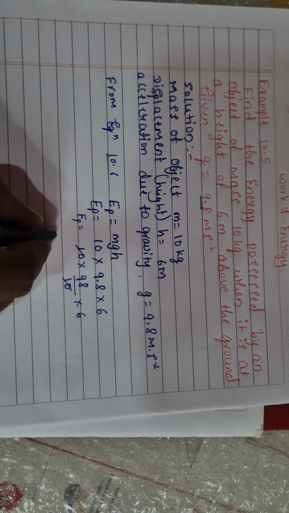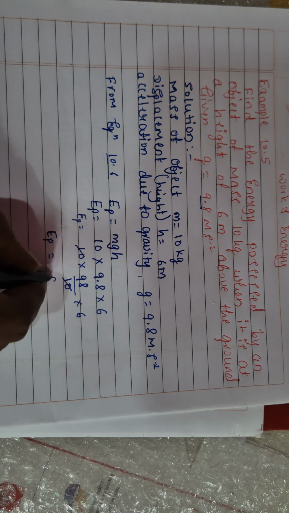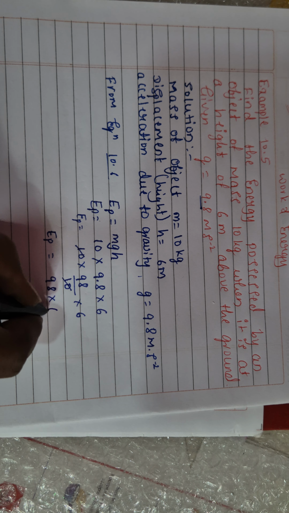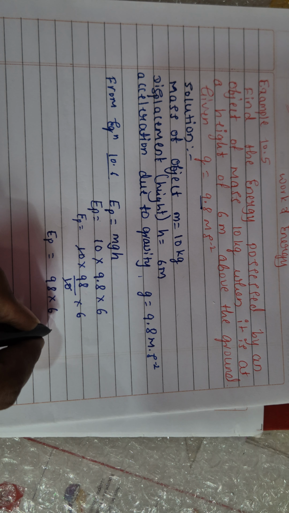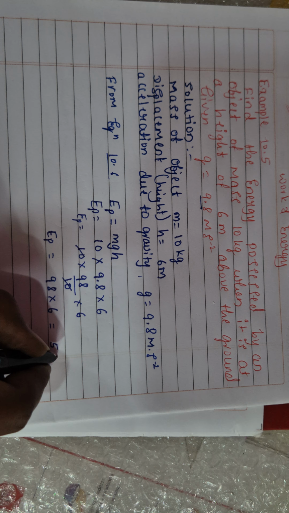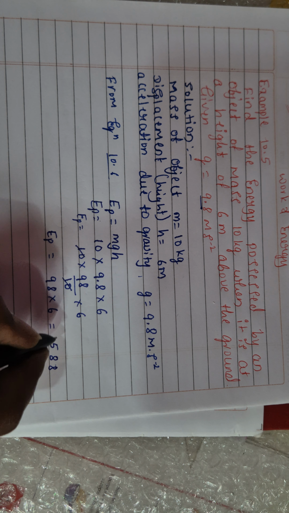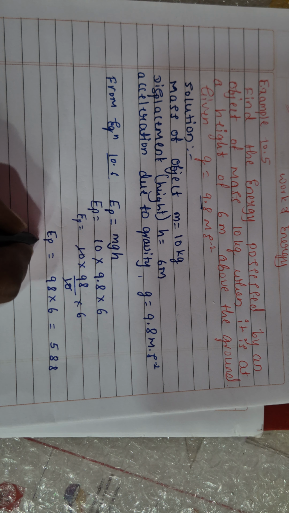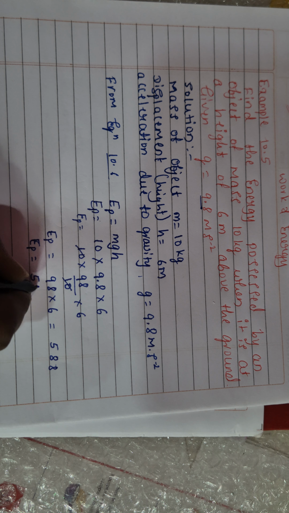Now potential energy is equal to 98 into 6. 98 into 6, we multiply, it becomes 588. Now the potential energy is equal to 588 joules.